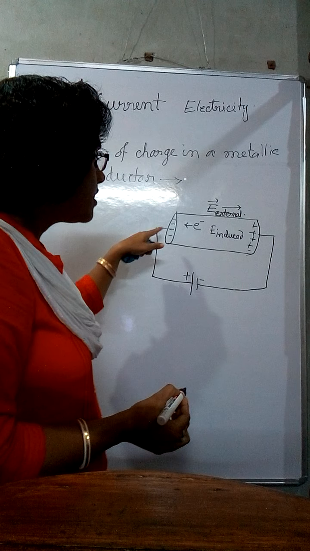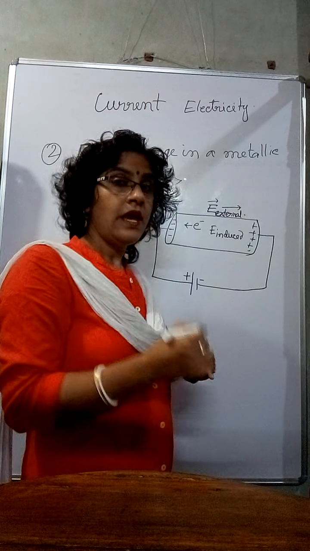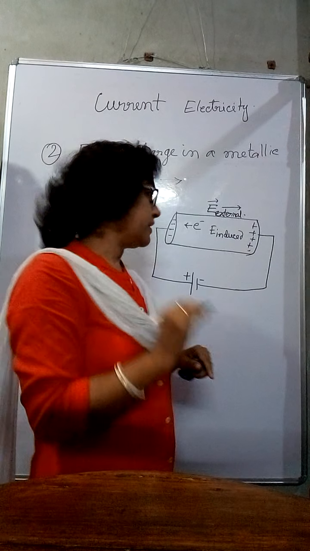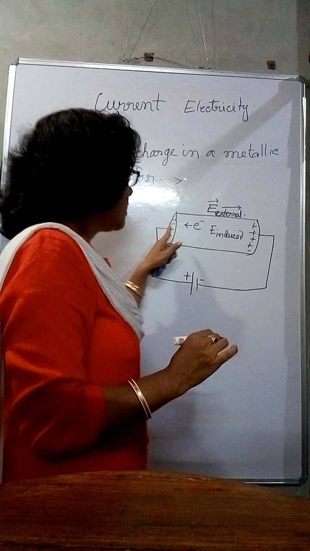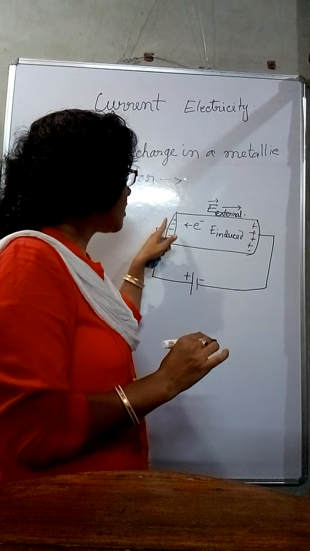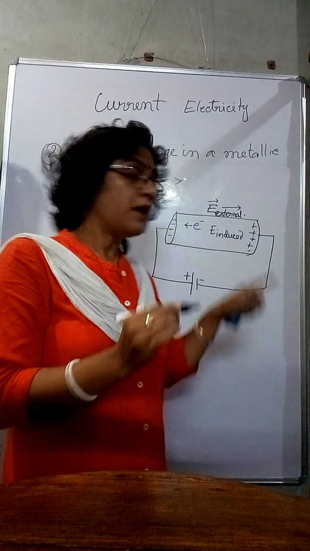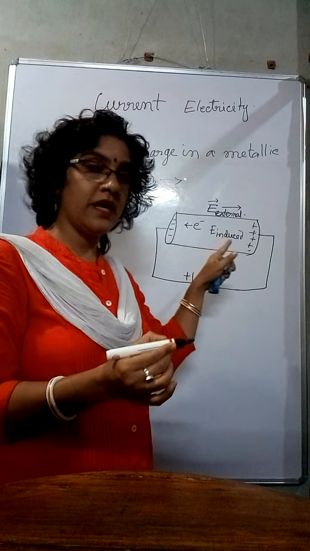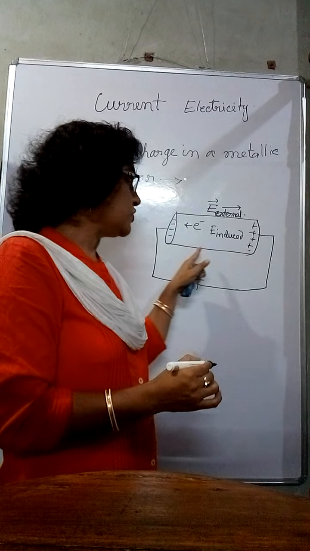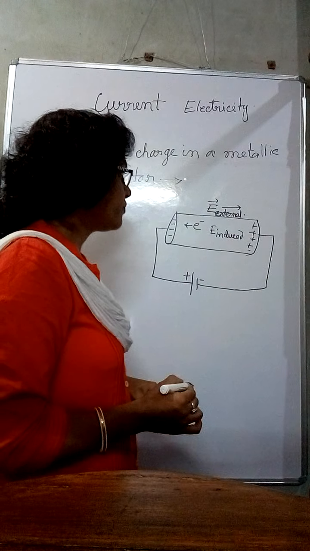That is, the electrons will be circulated throughout the circuit, and then we will get the current. So there will be a stoppage of accumulation of the electrons. The induced electric field will be cancelled. The effect of the external electric field will be more.